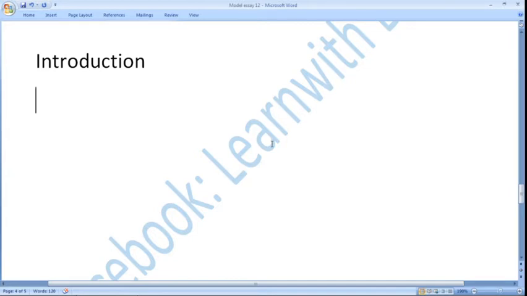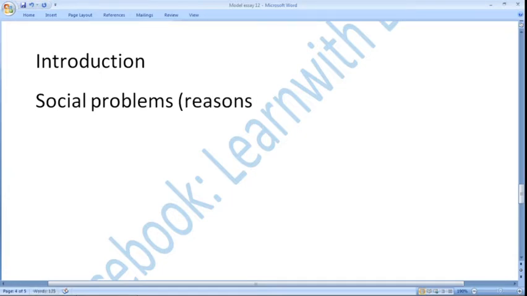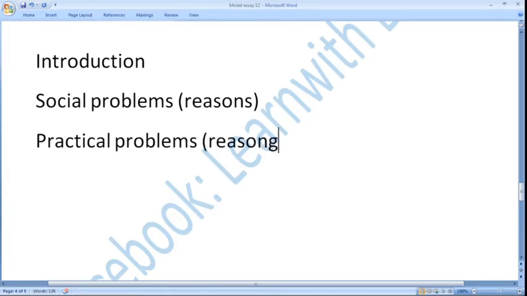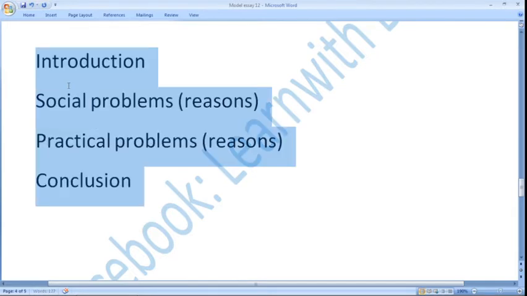I agreed with the question, so I would first write social problems and what the reasons for them are, and I would explain and expand it. Then I would go for practical problems. I would explain everything here, reasons, ideas, examples, and then I would go for the conclusion. Okay, this is the overall structure.